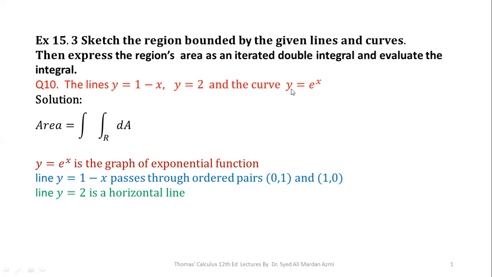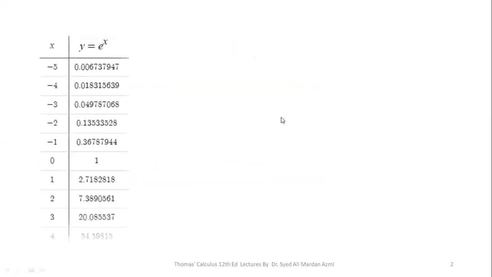After this, we will learn about the graph of y is equal to e raised to power x. In order to calculate different ordered pairs, we can substitute different values of x. In this equation, y is equal to e raised to power x, we can use the values of x as minus 5, minus 4, minus 3, minus 2, minus 1, 0, and so on.